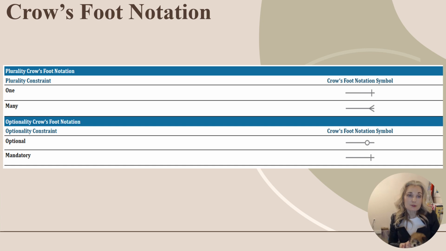So this table shows the crow's foot notation. Please remember that each relationship will have both a plurality constraint and an optionality constraint. So with plurality, you can have a relationship that one and only one item is linked to the other, or there could be many. So for example, one customer will place an order.